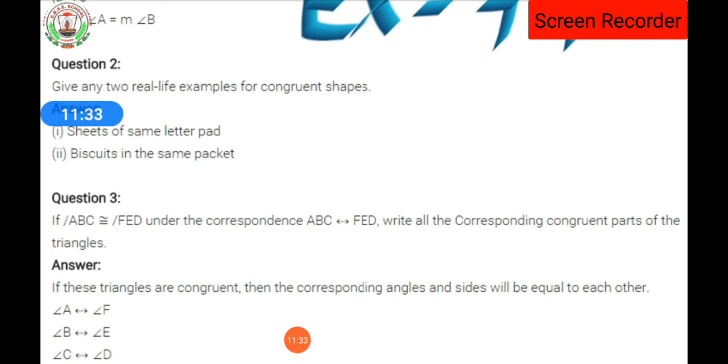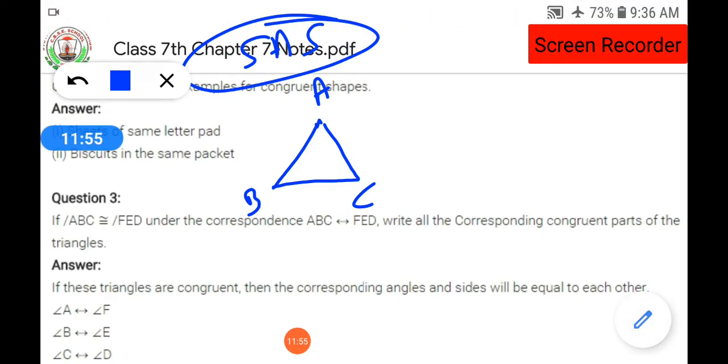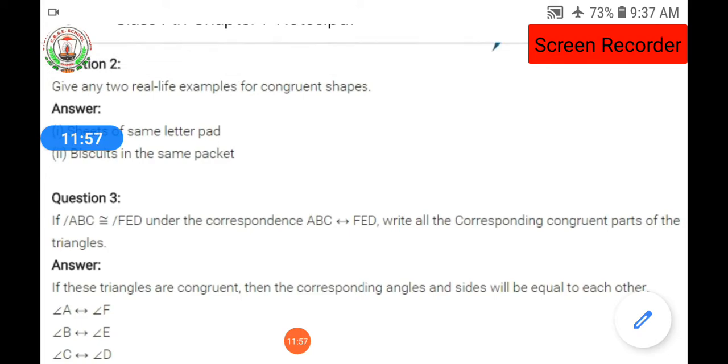If under a correspondence, two sides and the angle included between them, two sides dear student and the angle between them. Suppose I am having a triangle, this is the triangle ABC. Okay, we are going to study about side angle side congruence criteria. This is the criteria we are going to study over here, isn't it?